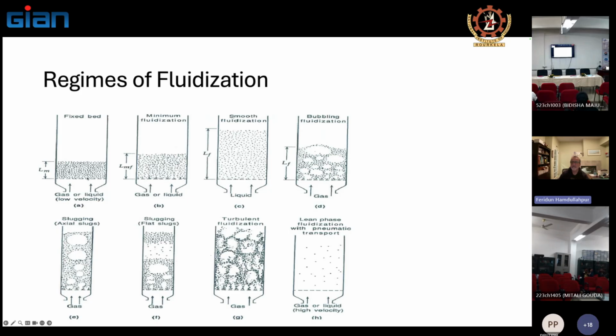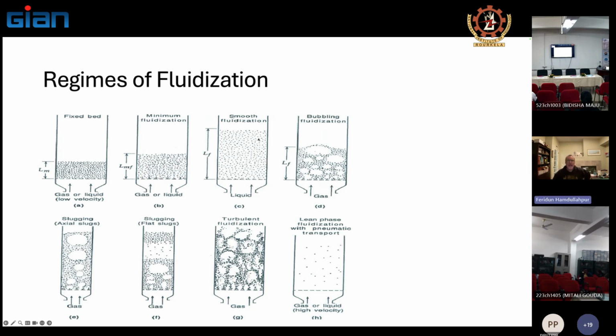It's like you have an upward moving coffee percolator. At the minimum fluidization, again, you can use gas or liquid. As you can see, the bed expansion takes place at minimum fluidization.